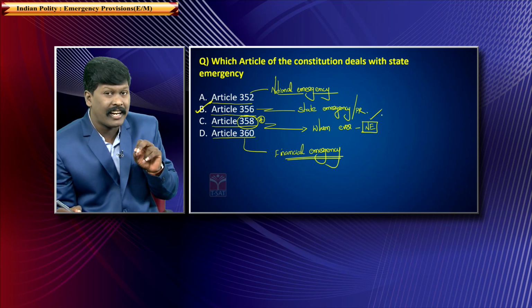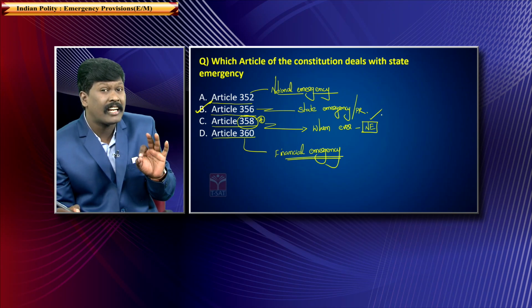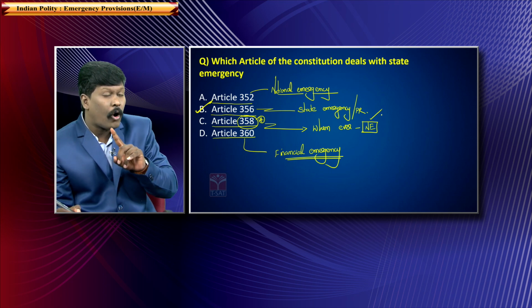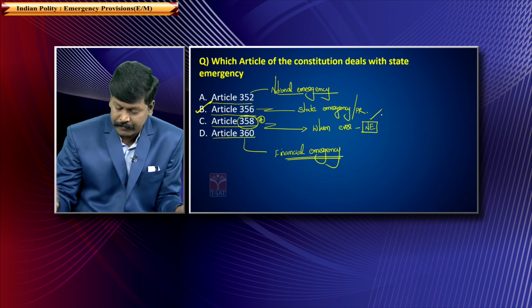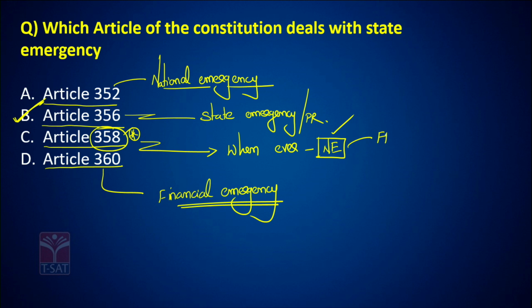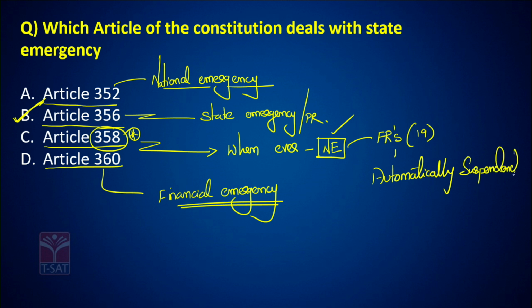fundamental right guaranteed under Article 19 is automatically suspended. See, this word is important, automatically suspended. Now, what is the meaning of Article 19 being automatically suspended?